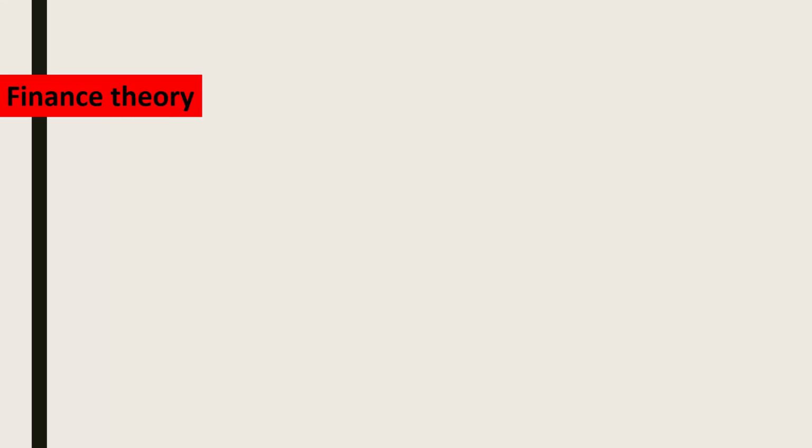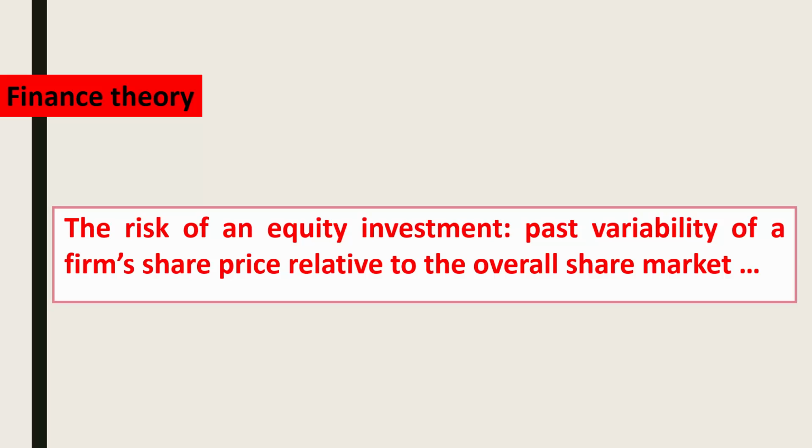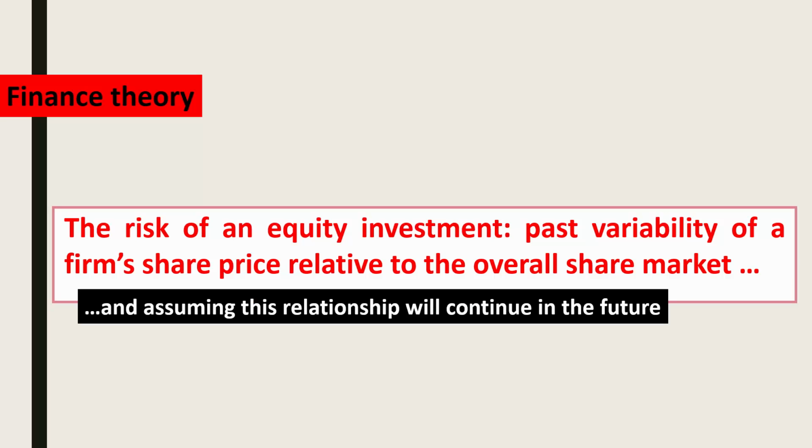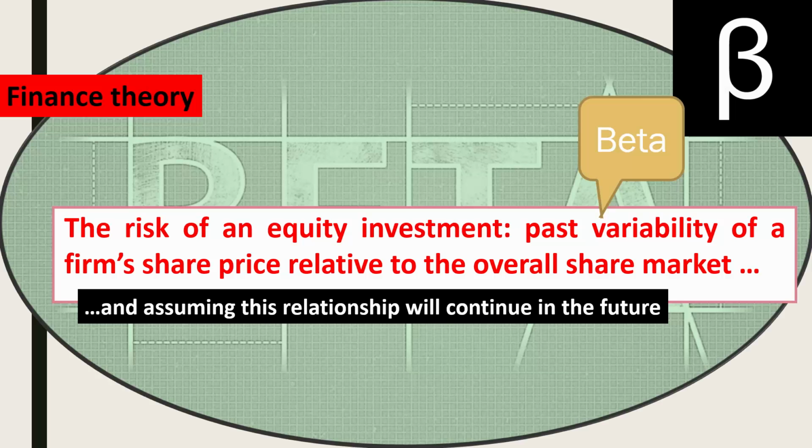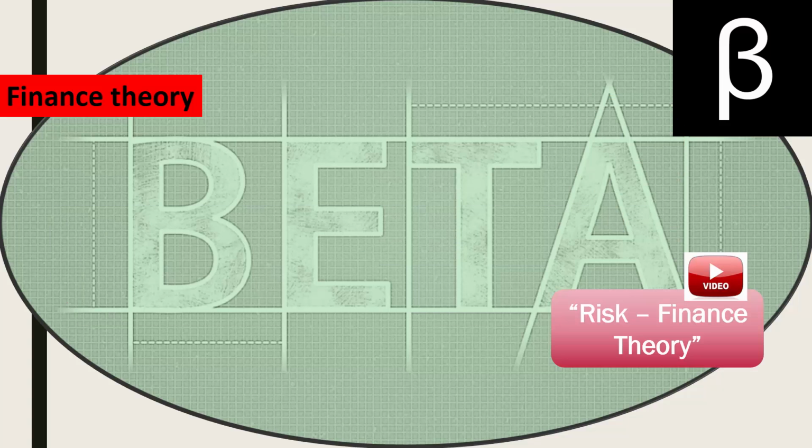In finance theory, the risk of an equity investment is simply based on the past variability of a firm's share price relative to the overall share market, and assuming this relationship will continue in the future. This is called its beta. This is the risk finance theory suggests a firm contributes to its equity investors and for which they need to be compensated in terms of the level of expected returns. See the video Risk Finance Theory for more about how we calculate risk in finance theory.